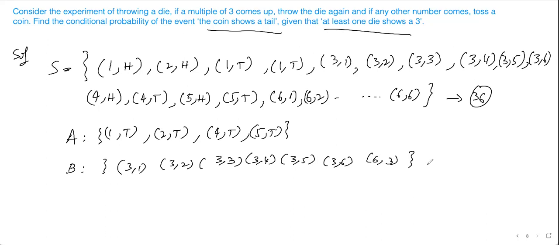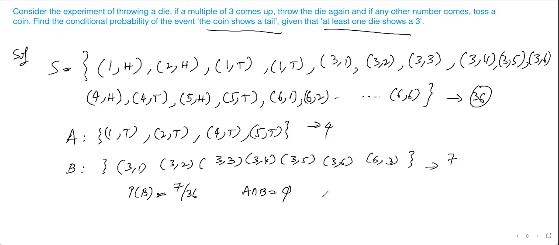Okay, now the probability of B, this is 6, 7, right? So P of B is 7 by 36, and A intersection B is the null set.